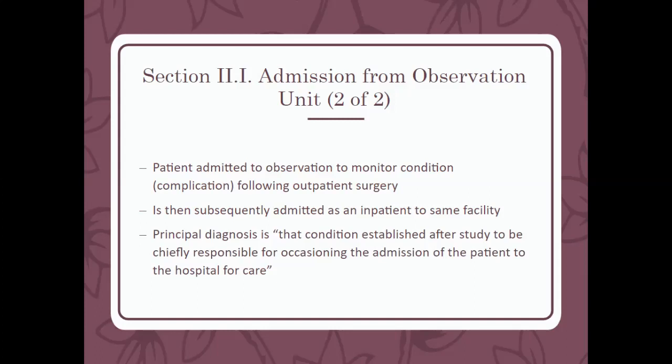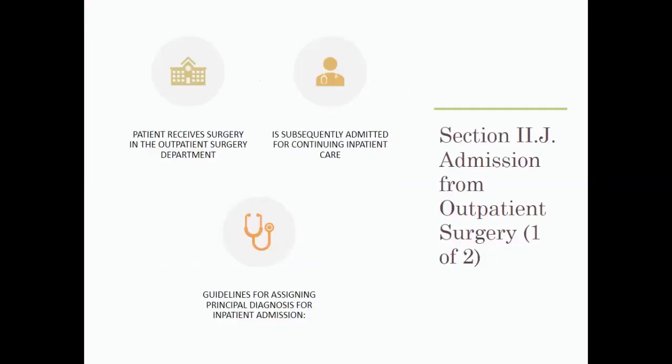It's based on the Uniform Hospital Discharge Data Set definition of principal diagnosis. A patient receives surgery in the outpatient surgery department and is subsequently admitted for continuing inpatient care, and guidelines for assigning principal diagnosis for inpatient admission apply. So you have to know your guidelines for that.